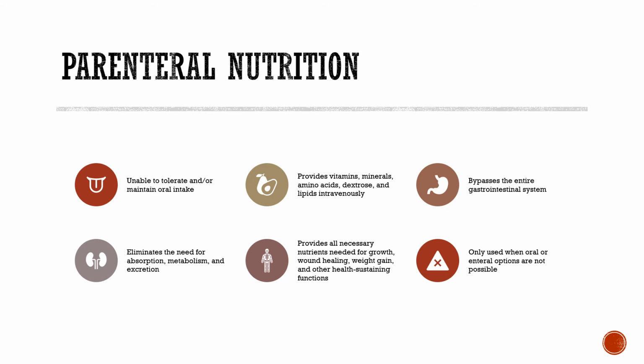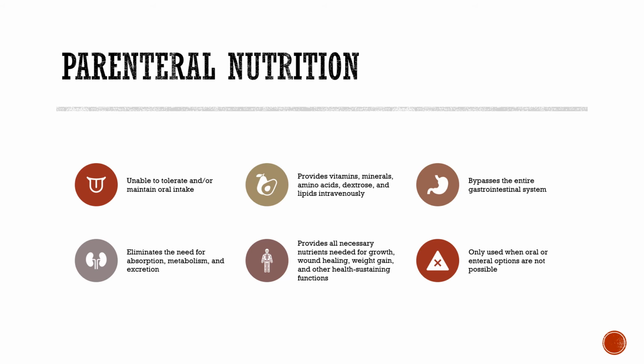We always want to give a patient enteral feedings if they can tolerate that. It's better if it does go through the gut, but there are circumstances where we don't want to do that, where the gut's not functioning, or they've had surgery through there, or something where they're at higher risk of that kind of feeding. And then we'll go with this IV form. It's usually given through a central line, but it can be given through a peripheral vein.